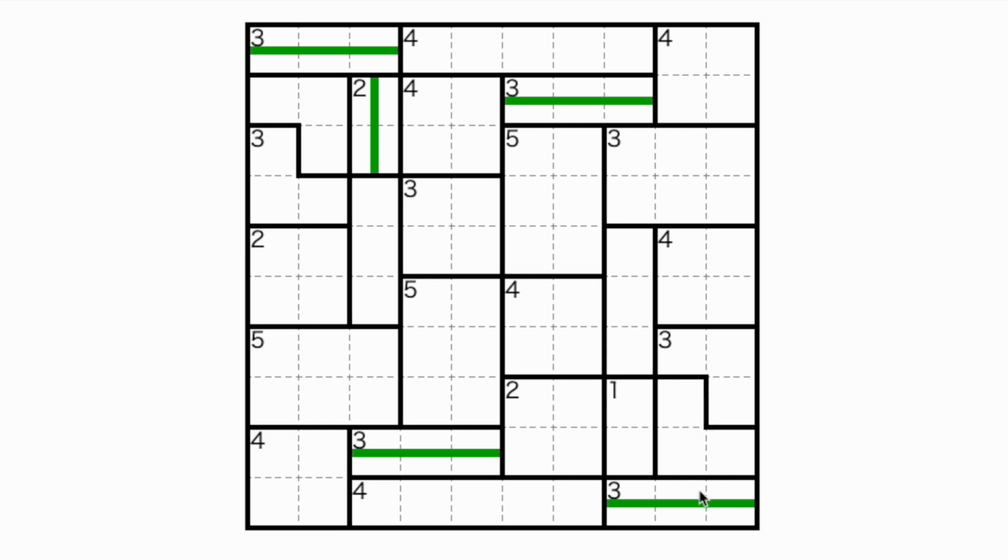We're probably supposed to think about, okay, this 4 will tell us something, because as we said, they all go the same direction. So by itself, that doesn't do anything, but next to this vertical line, it does. These can't all be vertical, because then we'd have 3 in a row. So these are all horizontal, and that will get us going.